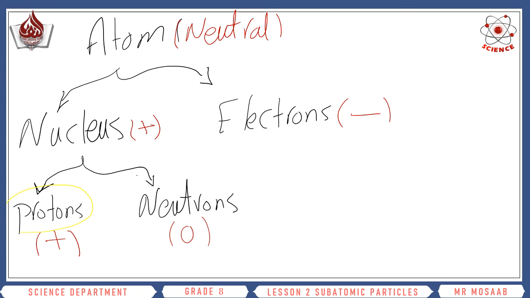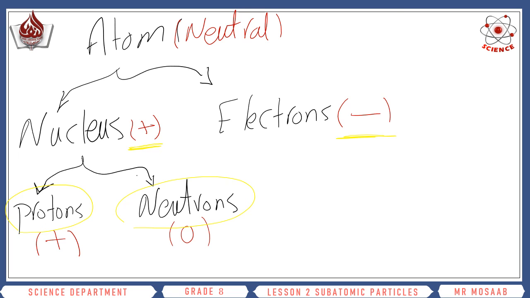Protons and neutrons are located inside the nucleus, and in total the nucleus has a positive charge, and the electrons, which are spinning or orbiting around the nucleus, have a negative charge.